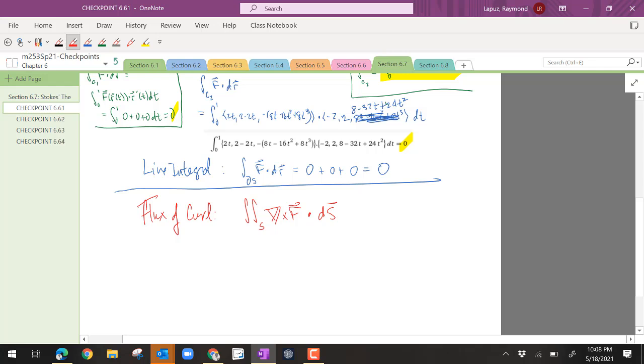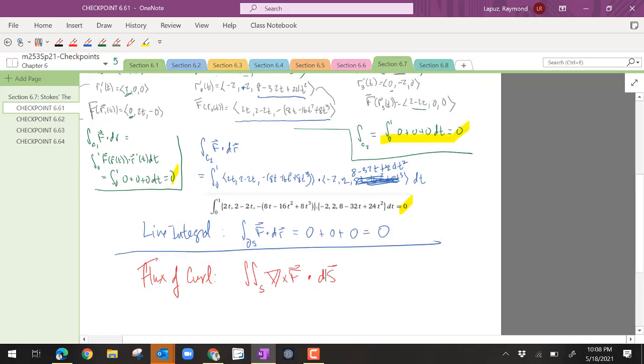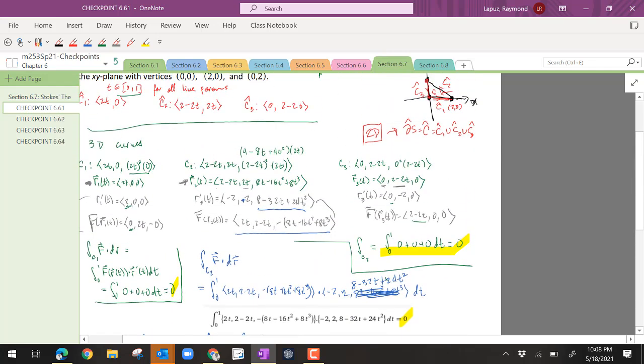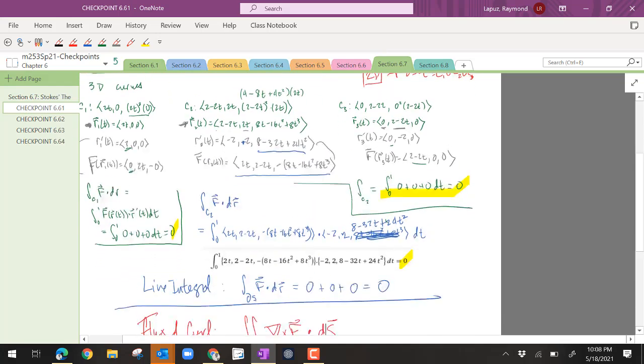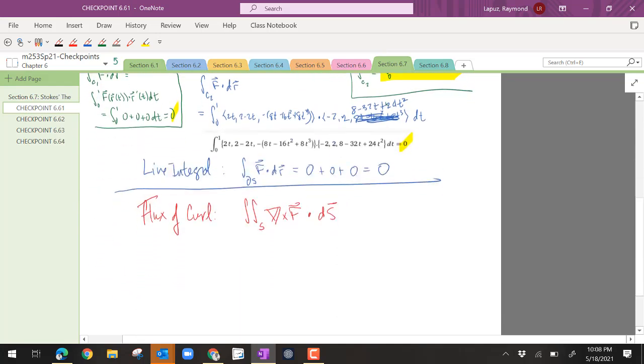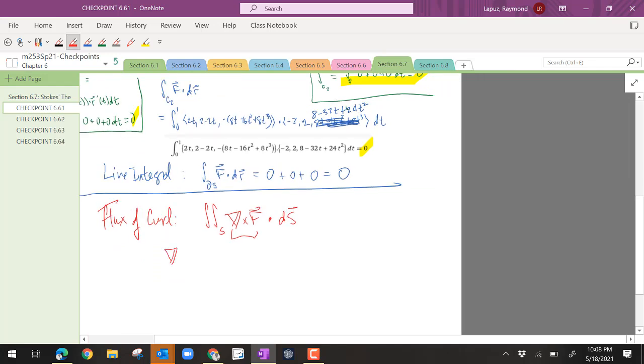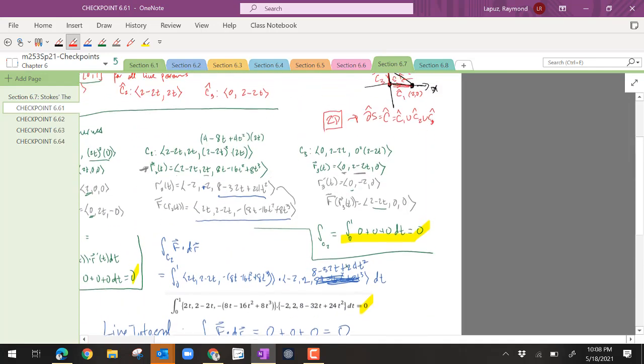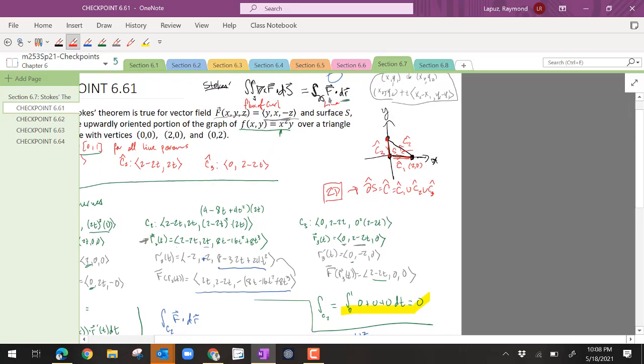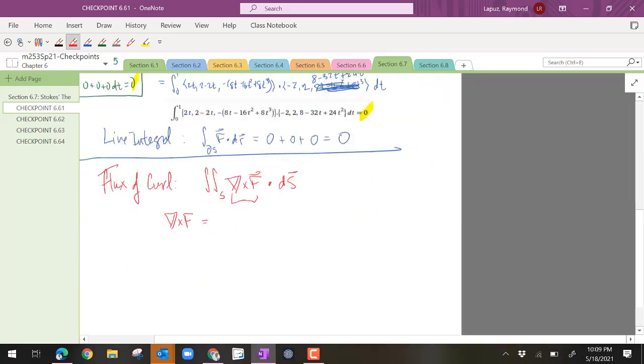So in this case, we would have to parameterize the surface and get the value for that. Now, before we parameterize the surface, let's figure out the curl of f. Curl of f. Remember that f was equal to y comma x comma negative z.